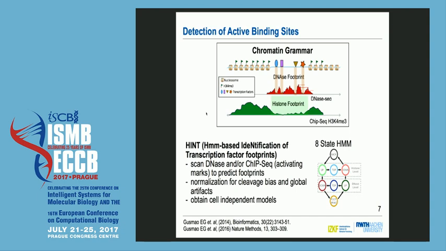One is the model itself, but before you start with the model, you need to do a lot of normalization steps. I'm going to show one of the details which is important for DNase. One important thing is that when we built these models on one cell type, we were able to apply them to any other, showing that this chromatin grammar is independent of the cell. So it's something universal.